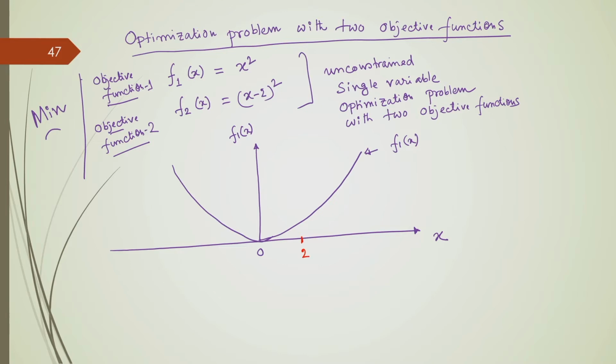So, this plot of f2(x) would be something like this. So, this is f2(x). So, this is f1(x) and this is f2(x). In the same graph, I am plotting both the functions, one is f1(x), another is f2(x).